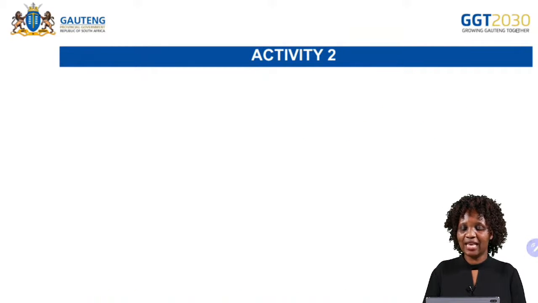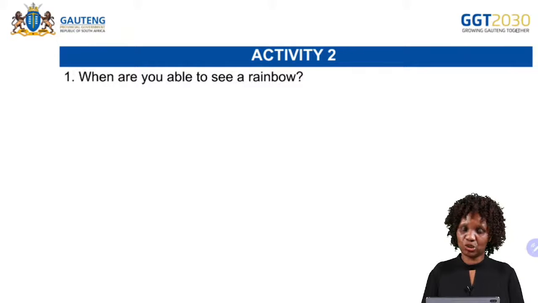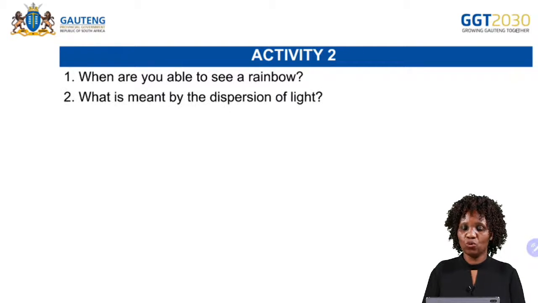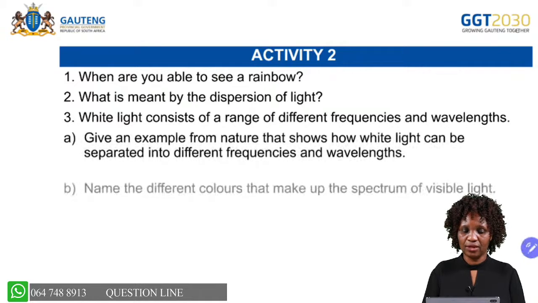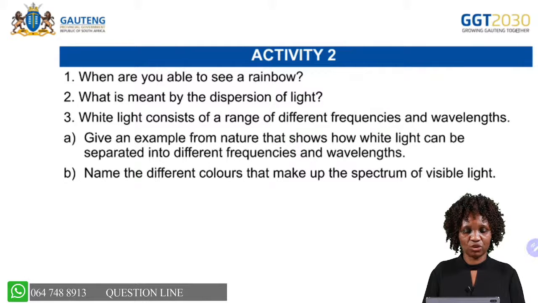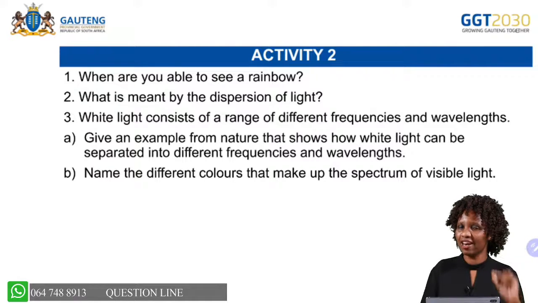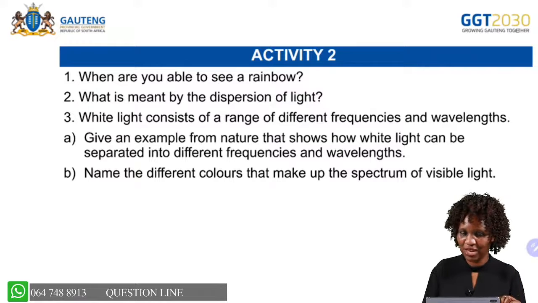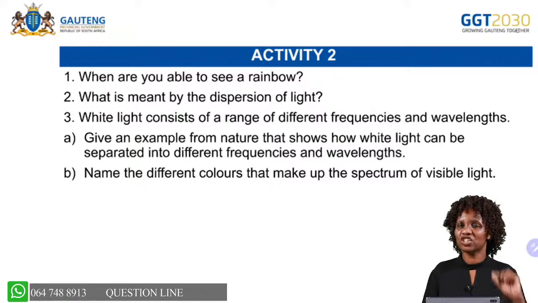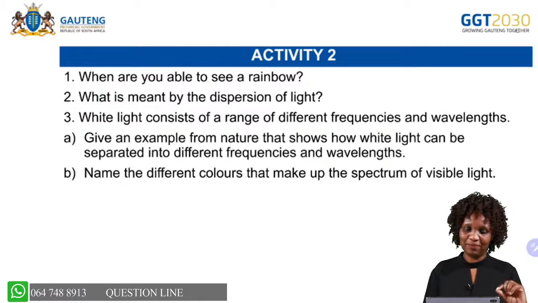Okay. And then we've got activity 2, grade 8, which we are going to answer. Let's check the activity together. When are you able to see a rainbow? Question number 2. What is meant by the dispersion of light? And then 3.